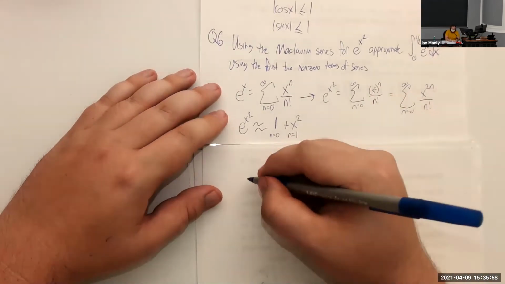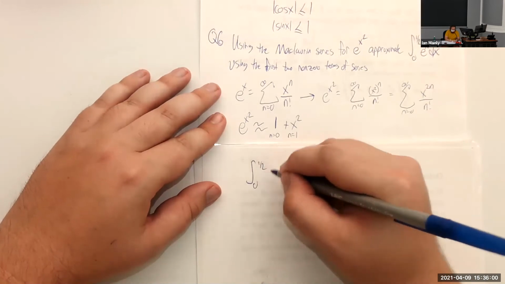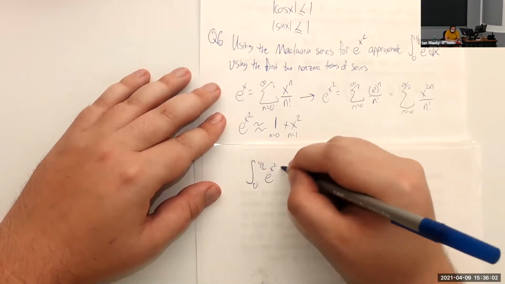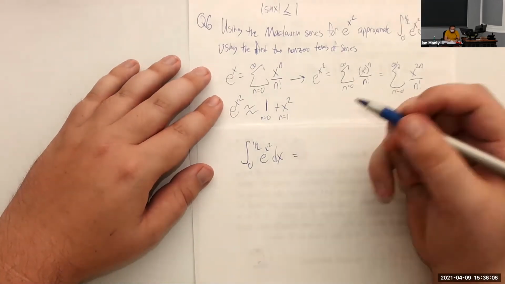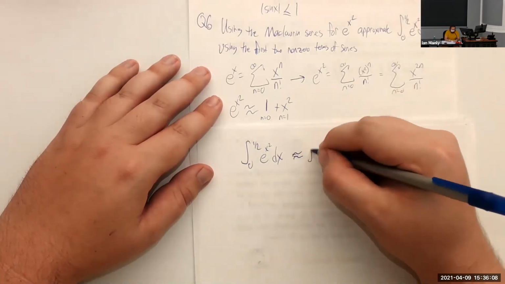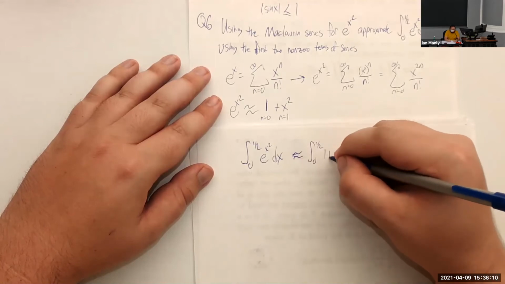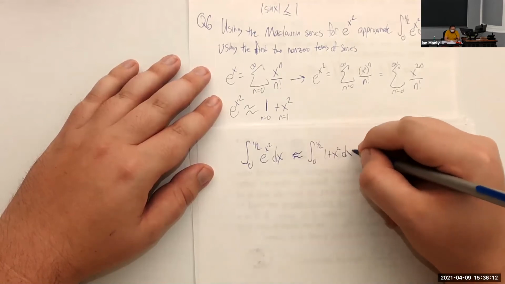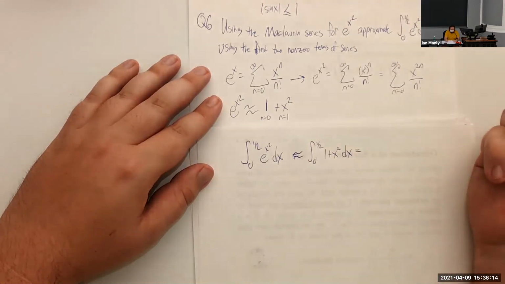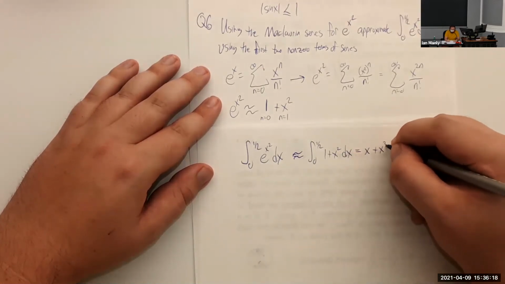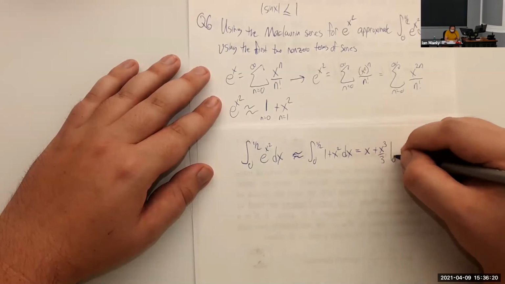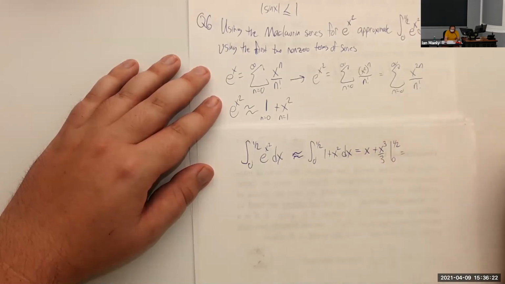Now, I don't know about you guys, but I certainly can't do the integral of e to the x squared, at least not by any technique that I know. So what I'm going to do is replace this with the integral of 1 plus x squared. I'm going to go ahead and integrate this. So I have x plus x cubed over 3 from 0 to 1/2.